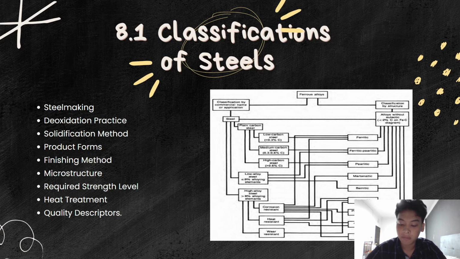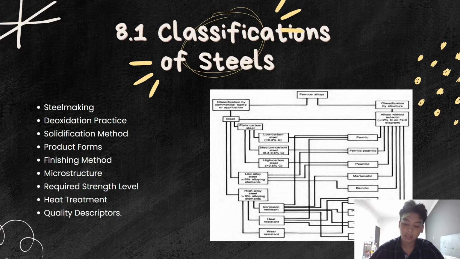The EAF process accounts for 35% to 40% of the world's steel production, and BOF produces 55% to 60% of steel.